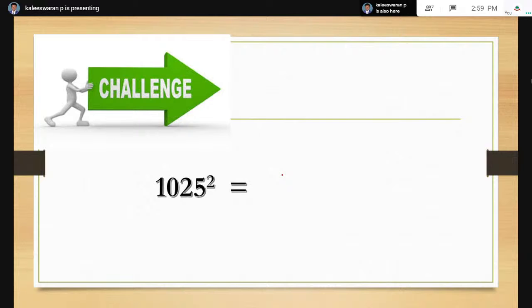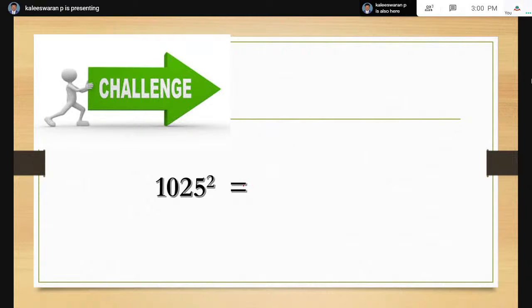What is the first method we have discussed in speed maths calculation? Yeah, the number ending with 5 square. And the second method is how to solve numbers near to 100. This is the combination of two. How to solve this?